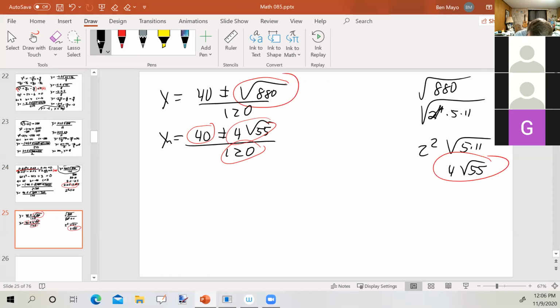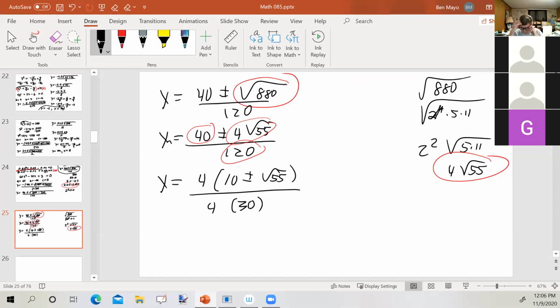So I'm going to factor a 4 out. Okay, so this would give me 10 plus or minus the square root of 55 over 30.